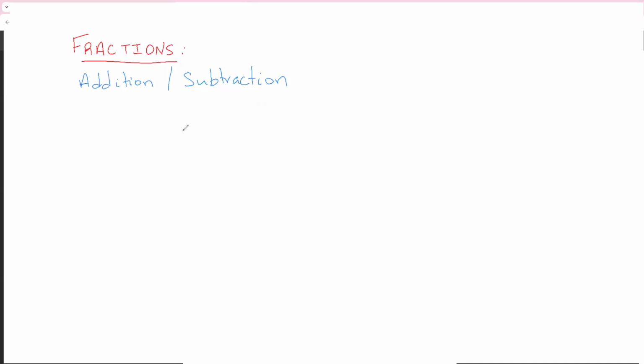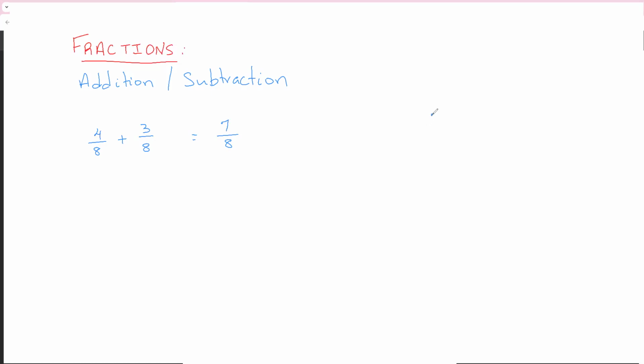So let's pretend they gave us one like this. Once the denominators are the same, your denominator stays the same, and then you add the numerator. 4 plus 3, that's 7. So 7 eighths.